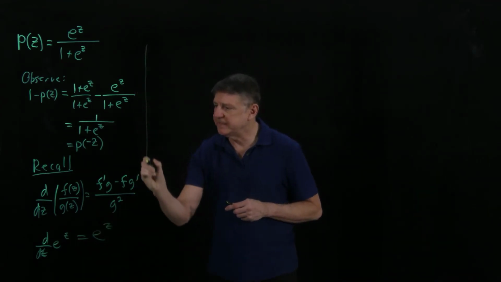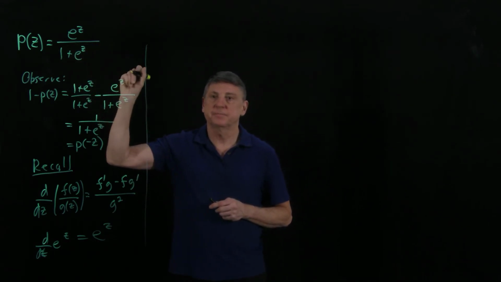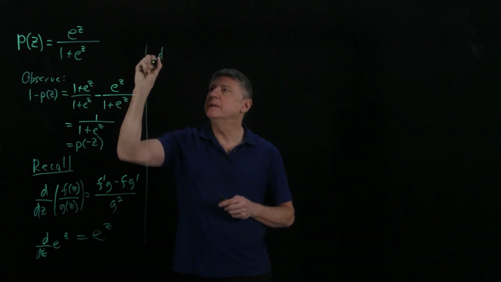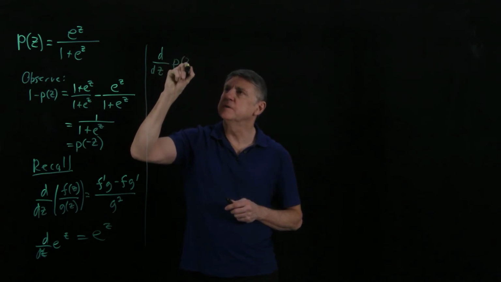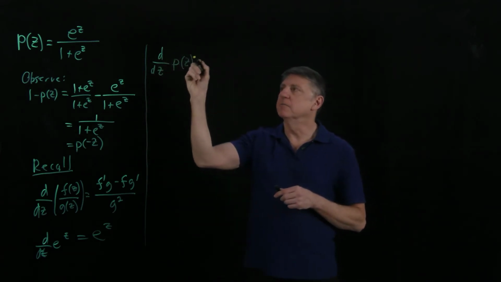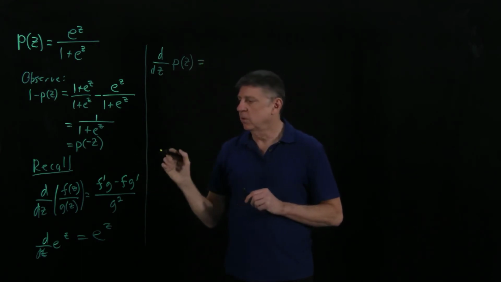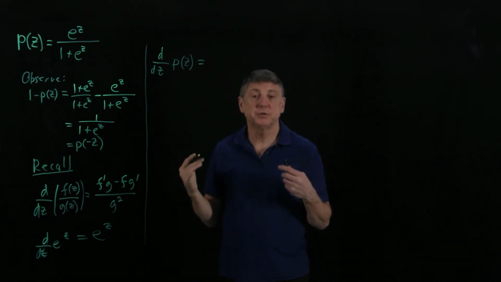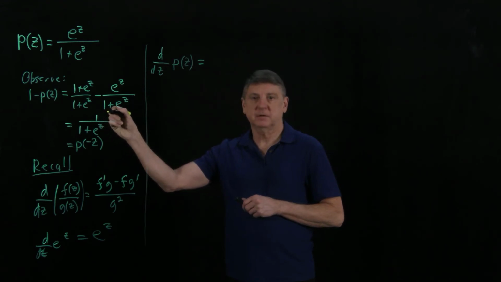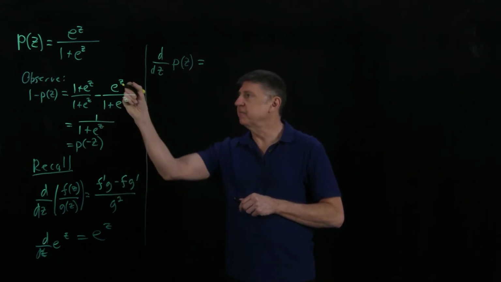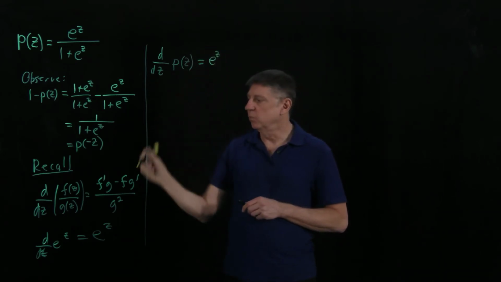Well, let's put these together and try to find the derivative of the logistic function, so the derivative of the probability of a score of a vector. We'll just substitute and simplify. So what is f? Here, f is e to the z, and what is g?